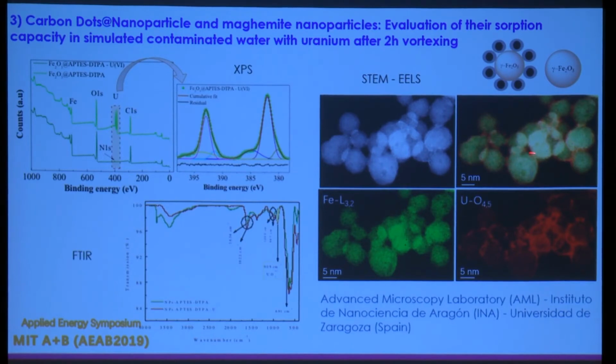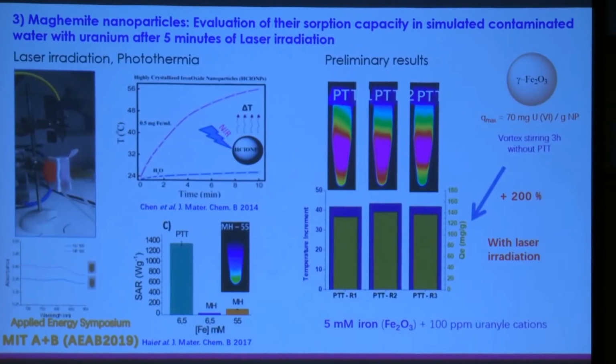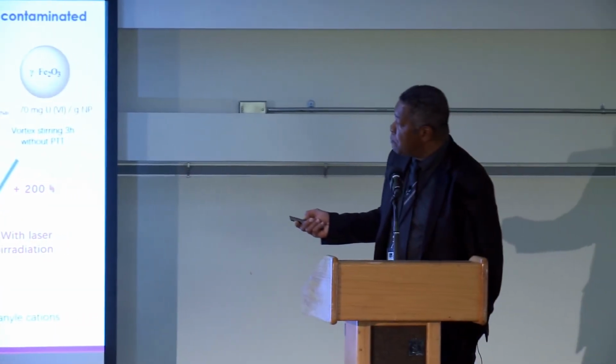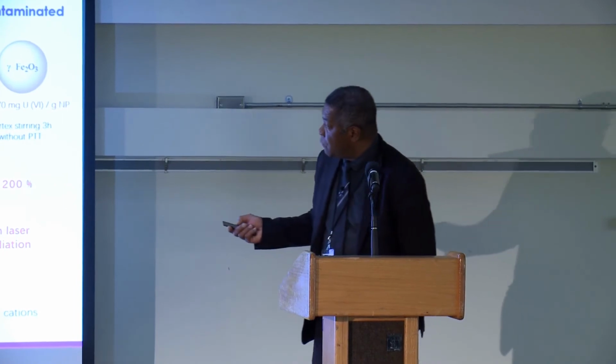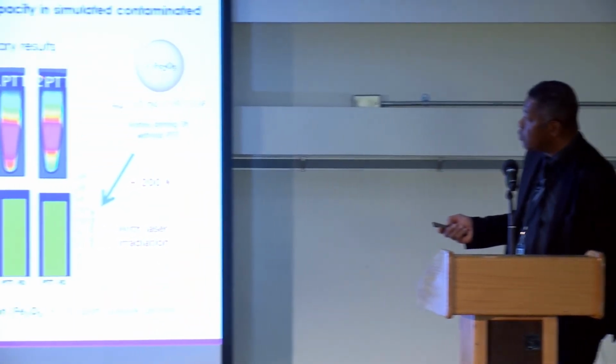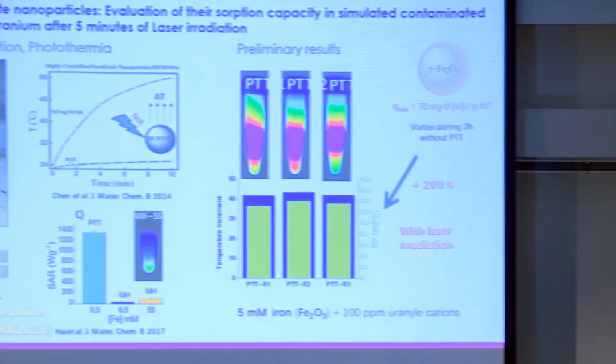We can see clearly the presence of uranium at the surface, and this phase corresponds to this scheme, which indicates that the carbon dots are able to interact with uranium. The main property of the carbon dot is also that this system is able to exhibit some photothermal property.